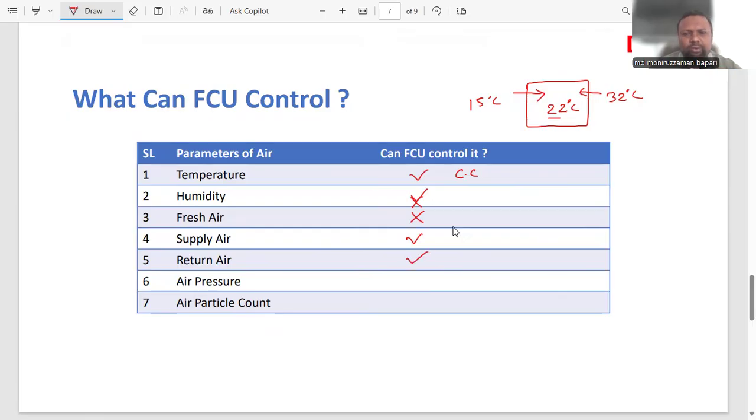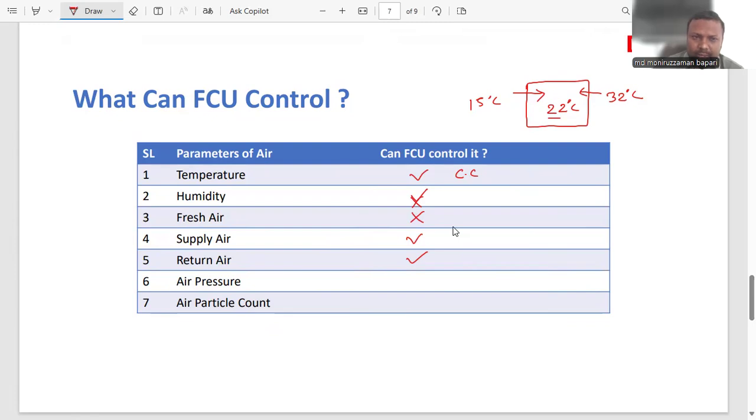Air pressure: by theory, a fan coil unit can control air pressure. However, in places where we need to control air pressure, we usually use an AHU, air handling unit, rather than a fan coil unit.